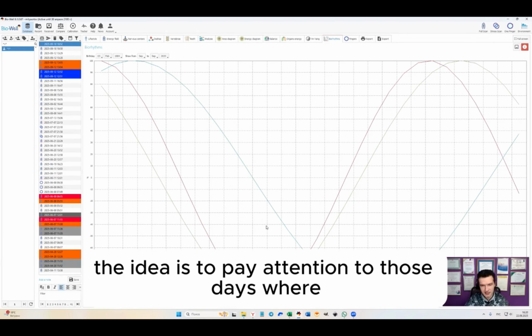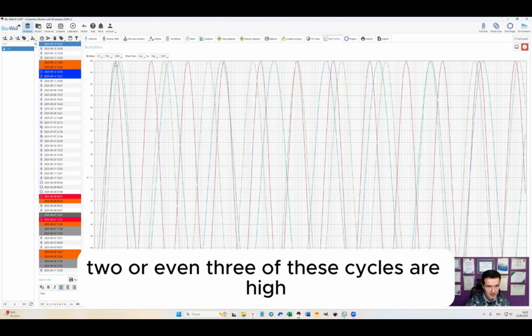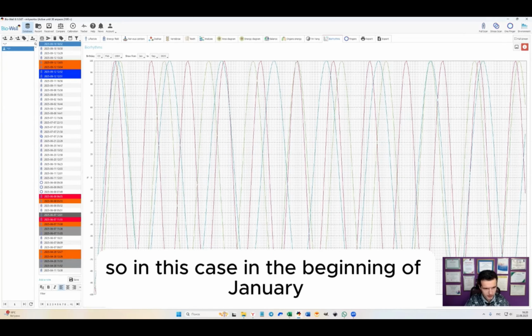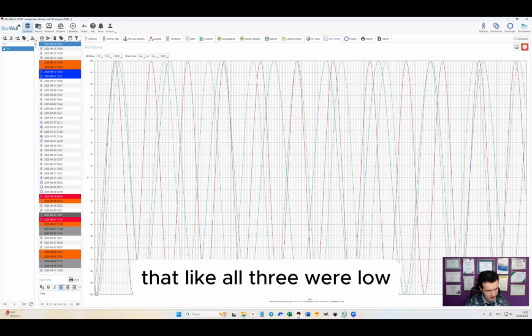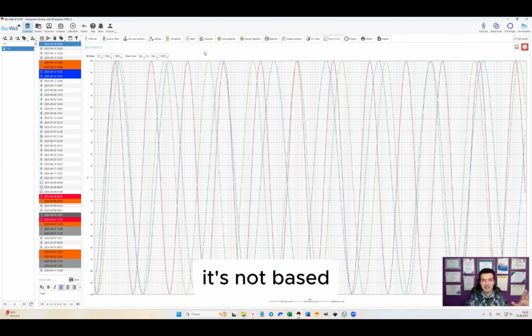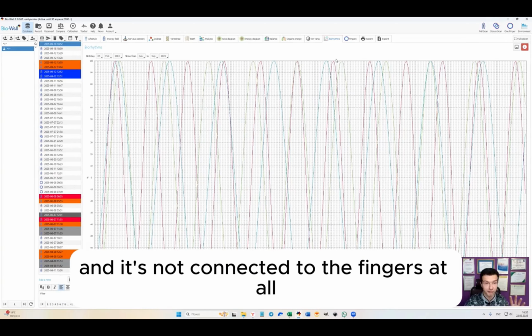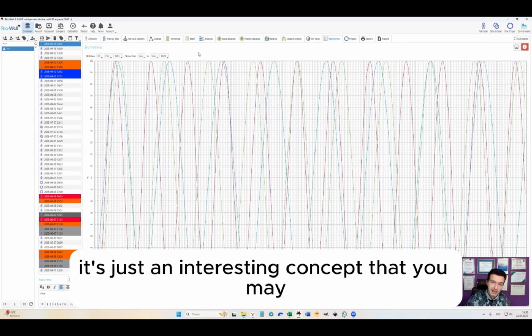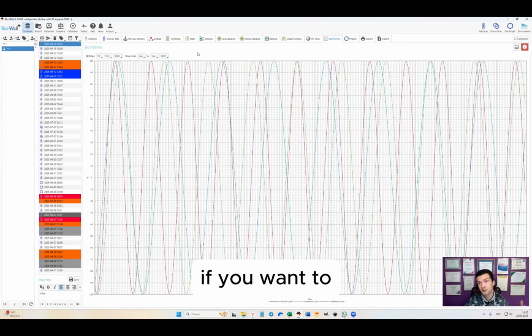So the idea is to pay attention to those days where multiple, 2 or even 3, of these cycles are high. For example, see here: in the beginning of January, all 3 were low. It's not connected to the fingers at all. It's connected to your birthday. It's just an interesting concept that you may take into your consideration if you want to.